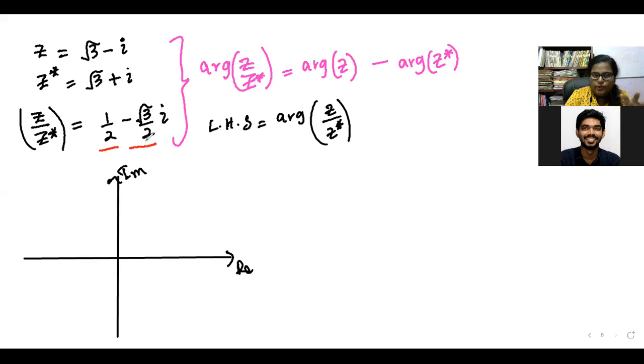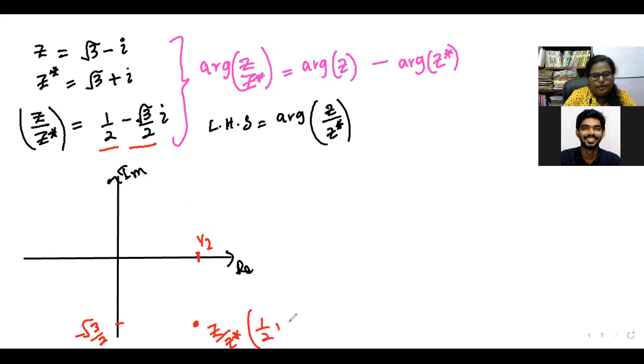But when you represent this complex number on an Argand diagram, you have to consider these signs, right? So you know that the real part is half and the imaginary part is minus square root 3 over 2, right? So we can represent this z over z star complex number at this coordinate.